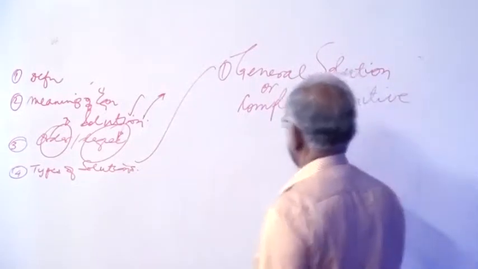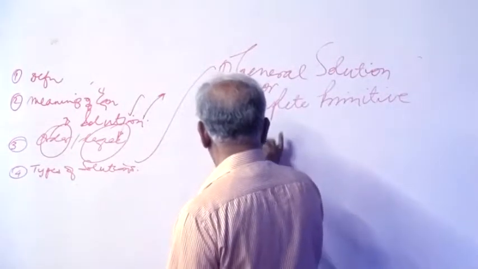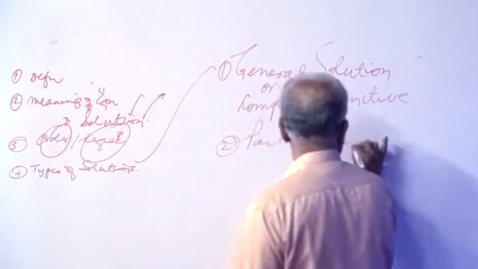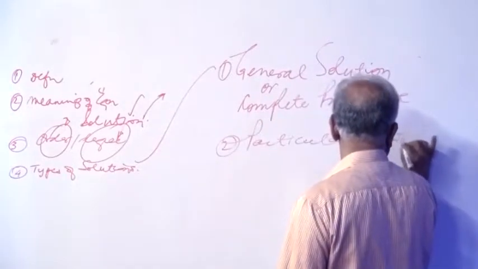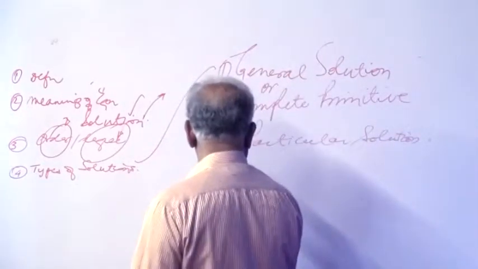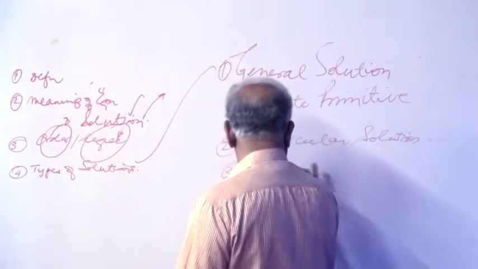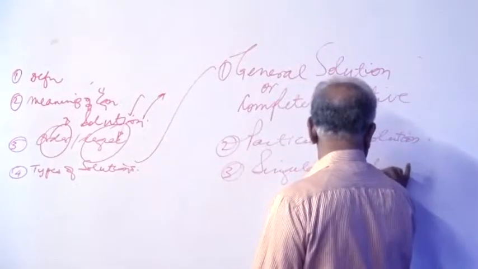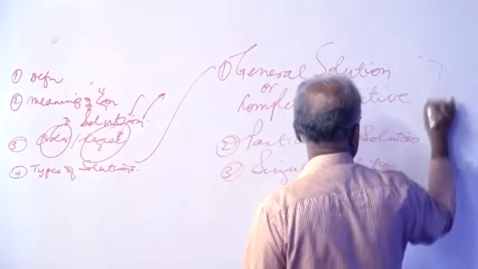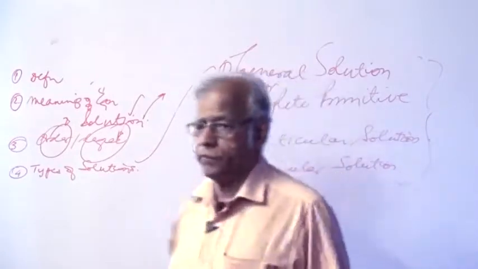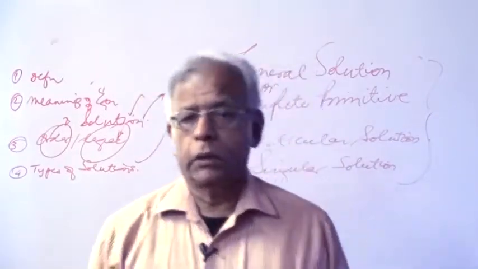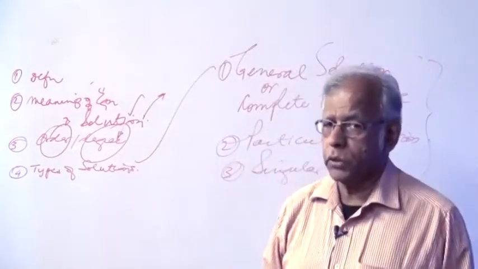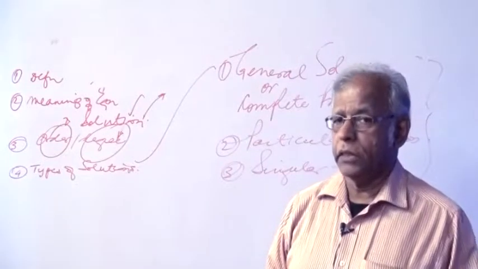Second one is a particular solution. Third is called a singular solution. These are broadly the three categories of solutions. One, the general solution, which is also called the complete primitive. Second, particular solution. And third is a singular solution.